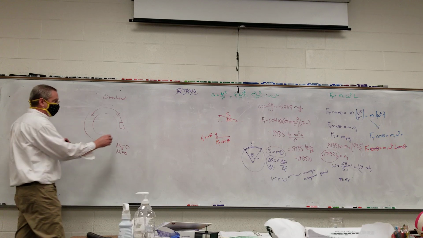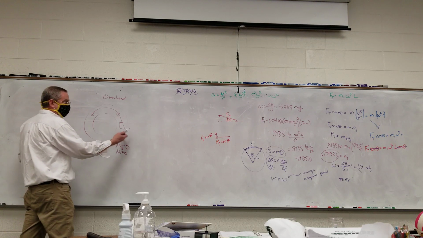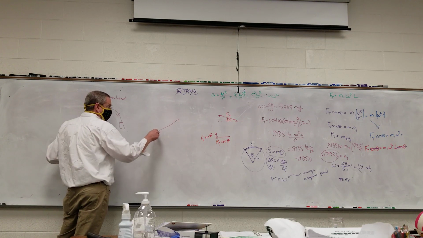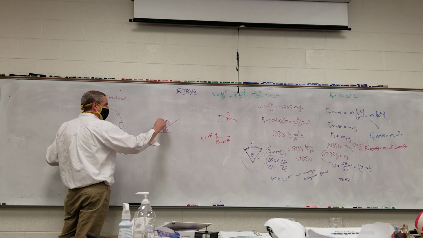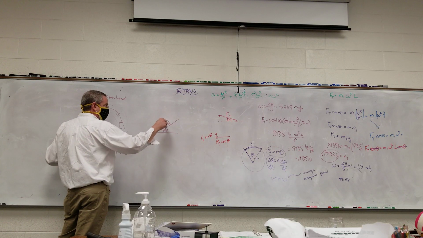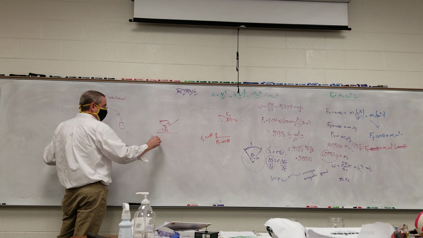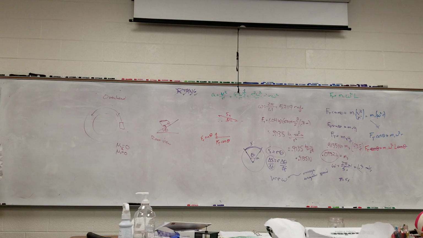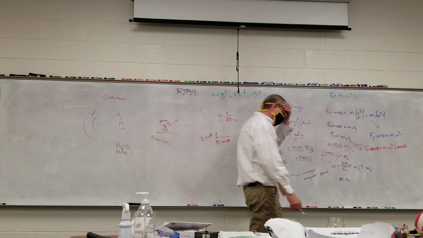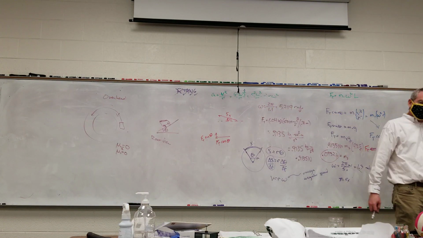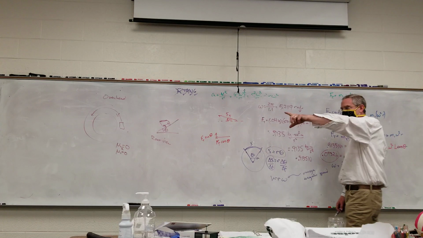Banked track means that if I'm looking at it from behind the car, this point in the track has some angle theta here. That's supposed to be a car, the rear end view. This is the rear view. And the question is, at least to start out with, what is the angle that is necessary for this car to be able to go around?